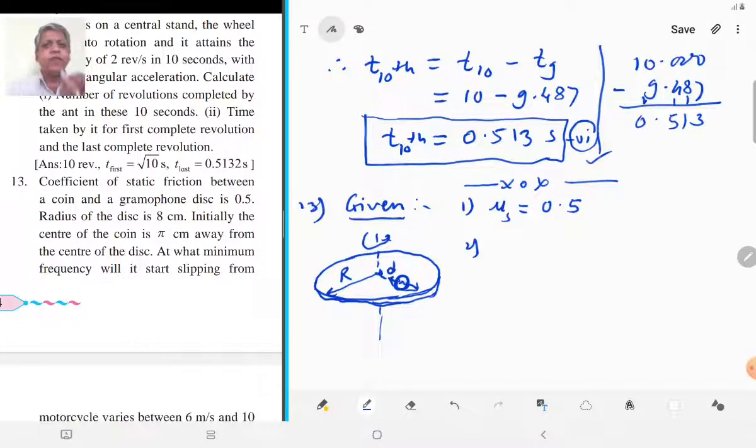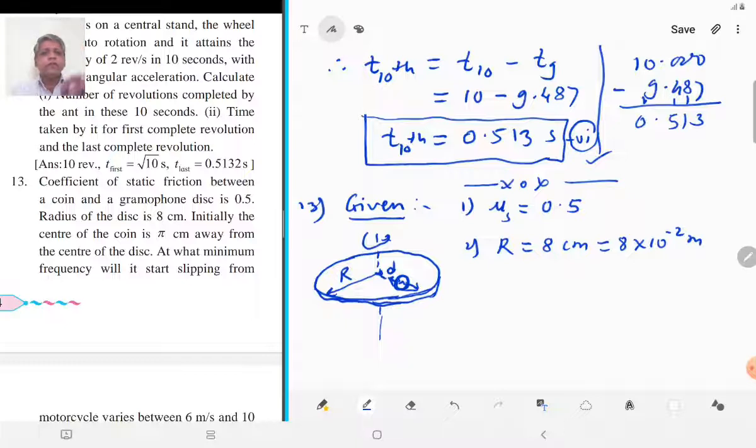Second point is the radius of the disc is 8 centimeter. Radius of disc is considered capital R. So capital R is equal to 8 centimeter. This is in CGS system. We write in SI system as 8 into 10 raised to minus 2 meter.